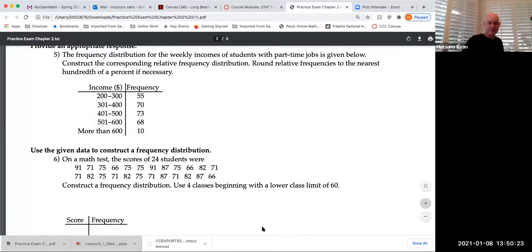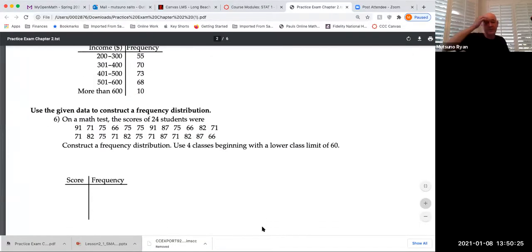Let's flip the page here and move on to number 6. So here's number 6. We're going to construct a frequency distribution.